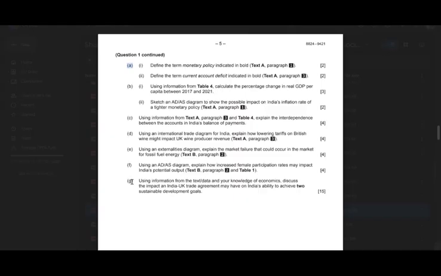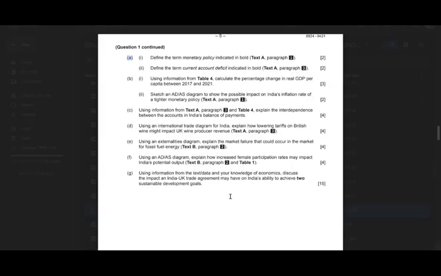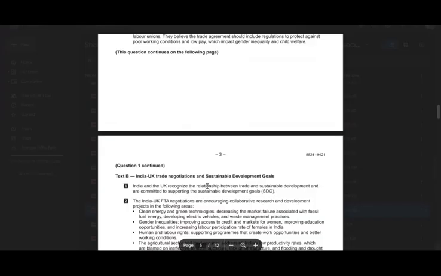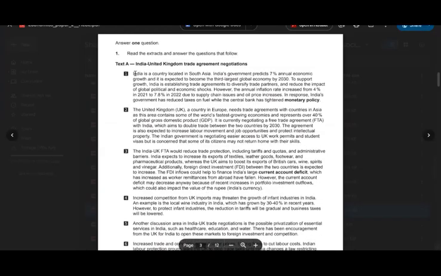Finally, when you come to part G, the 15-mark question, make sure you read the question first so you know what you need to look for. Once you understand the question, go back to the case study from the beginning and read through everything. While you're doing that, what you want to do is highlight and mark the points from the case study that you feel will be relevant, right?